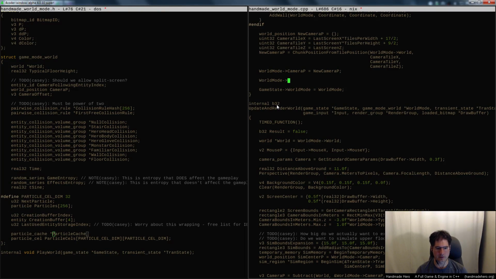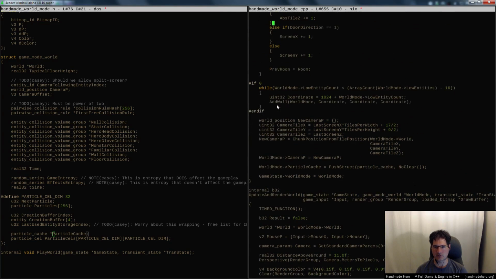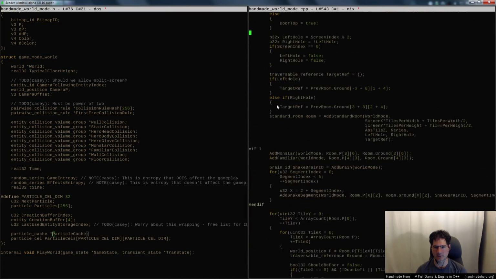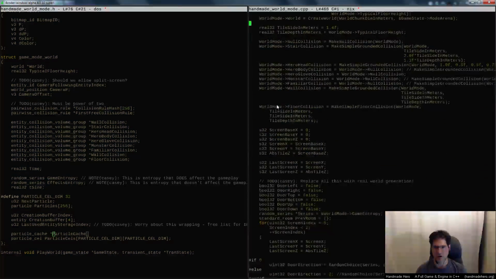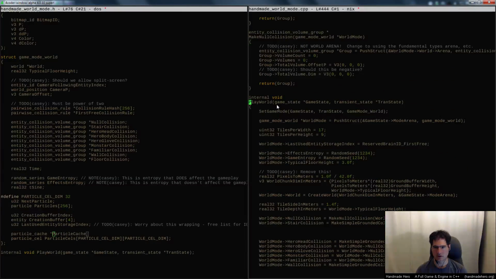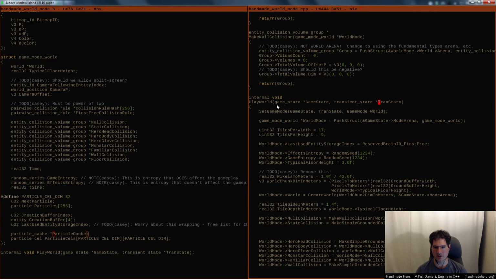So I'm going to say world mode particle cache equals push struct particle cache. And I don't really want it to clear, so I think we want to do that, right? And in terms of where we want this to go, we just want this to be in our transient storage, right? Like whatever we're doing as far as our transient state here, we would want that arena.